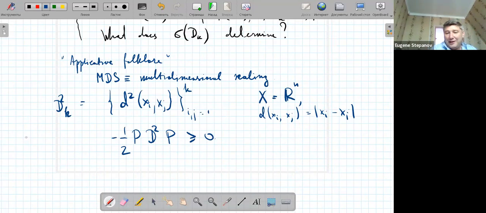By making a Cholesky decomposition of this positive matrix, you reconstruct the points xi, xj. If you have lots of points and the distances are Euclidean, you reconstruct your original space.